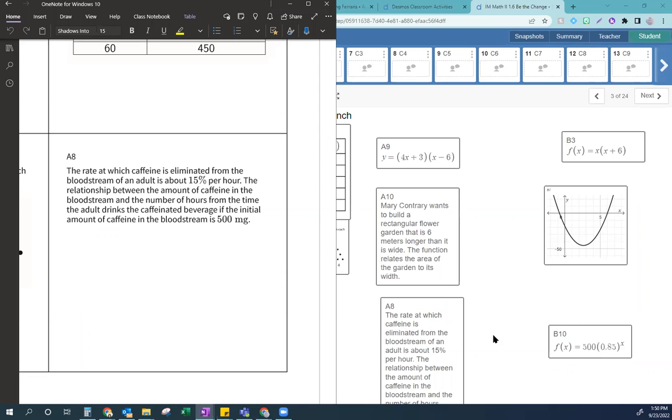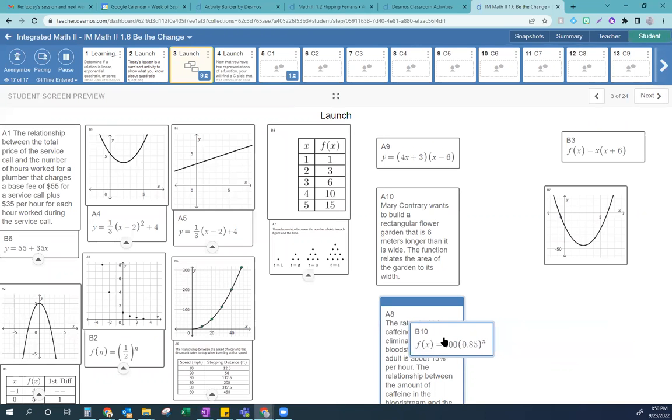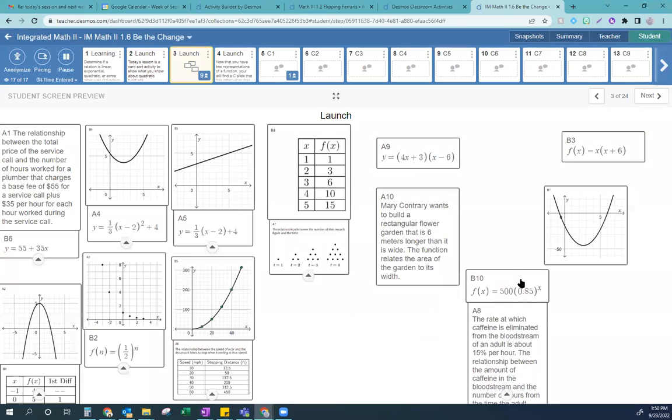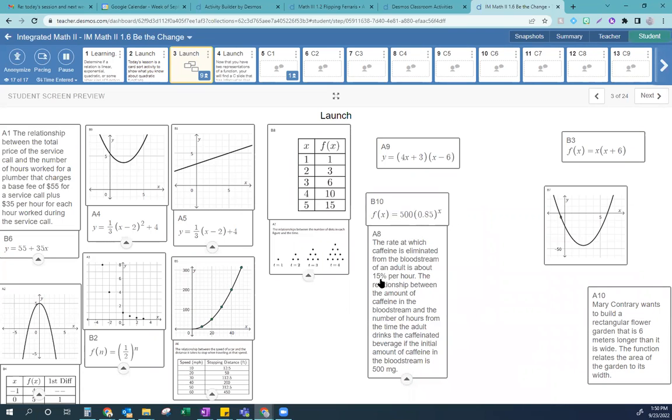Okay, thank you. Okay, so if you guessed that A8 and B10 match, you are absolutely correct. And I will say this, I unmatched them. The reason why they are together is because this 15% plus the 85% actually makes 100%, right?